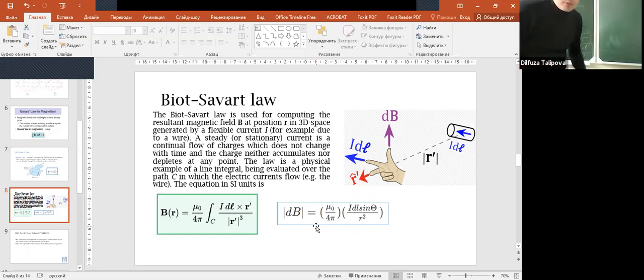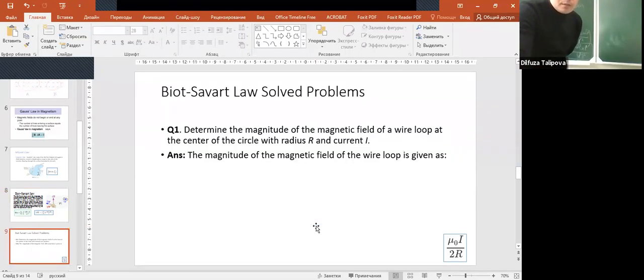Okay, so now we have some examples here. Biot-Savart law solved problems.